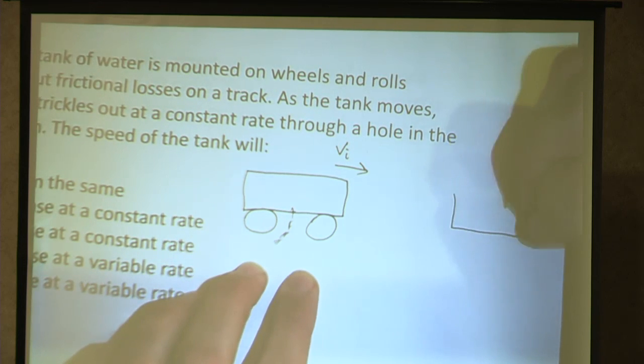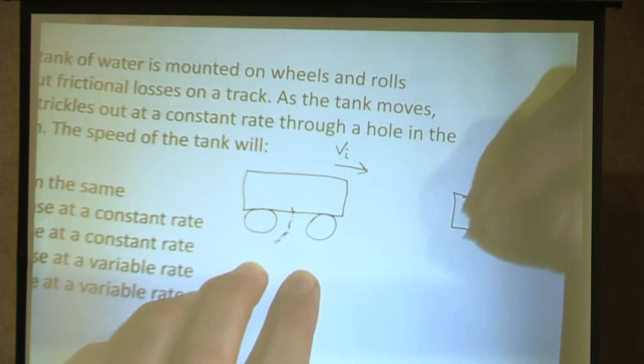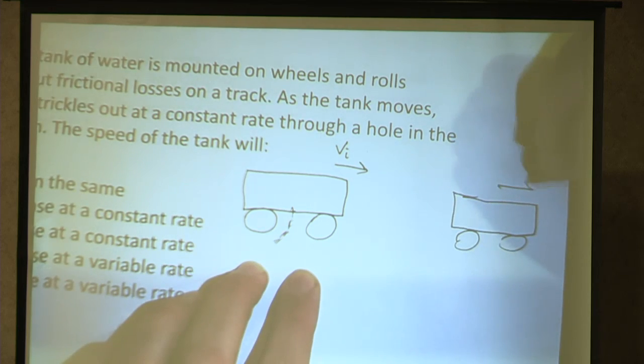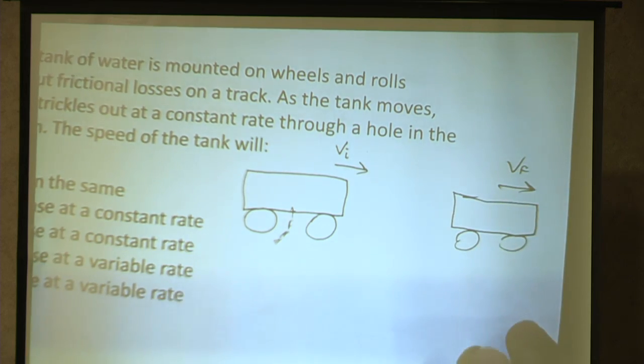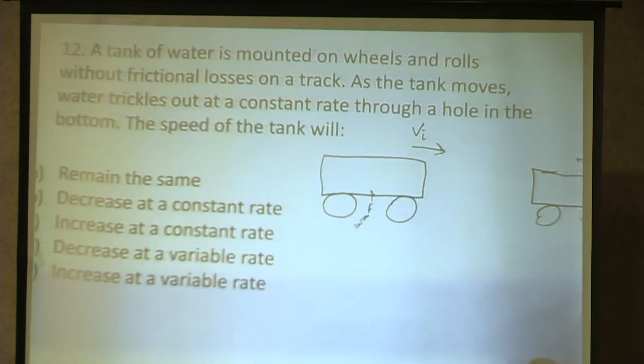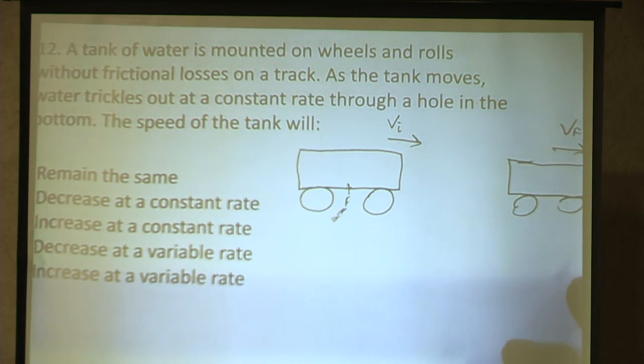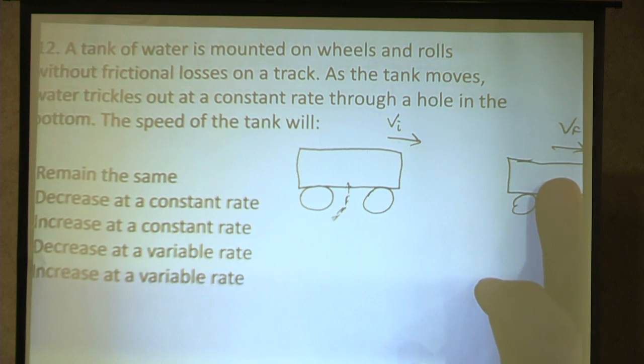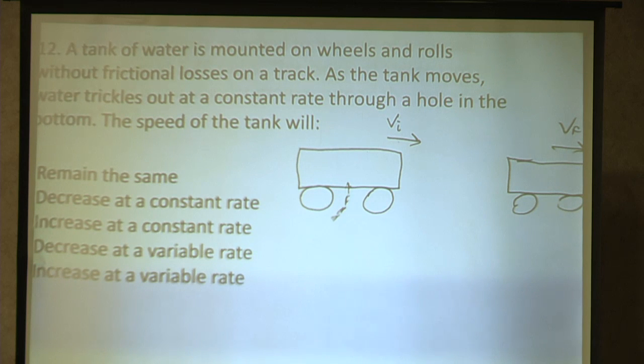So now it's over here with a new velocity. So the question is basically asking, how does VF compare to VI? So what's everyone's initial thought on this?